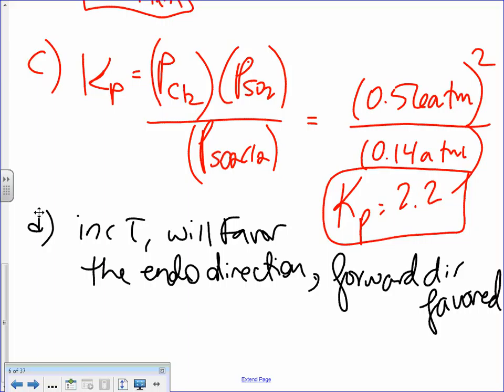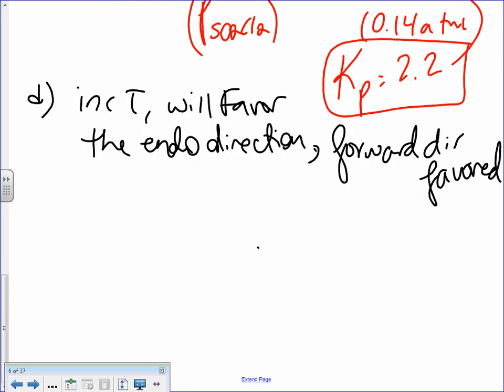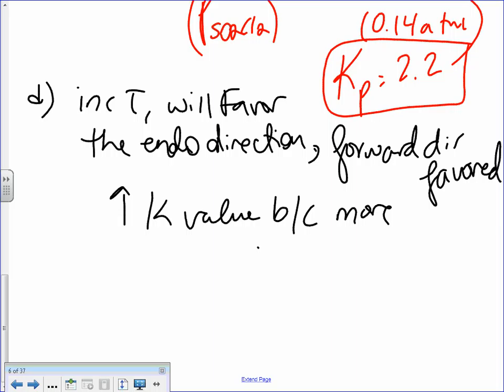Increase, decrease, stay the same. Increase, but why? Thank you. There's more products. So that would increase the K value because more products. And don't just put "because" like that. You have to write it out in your actual answer: because more products formed.